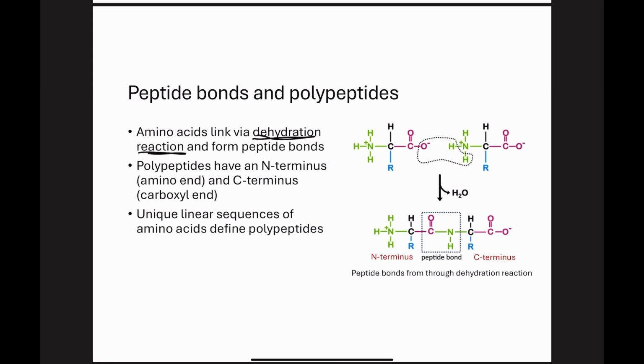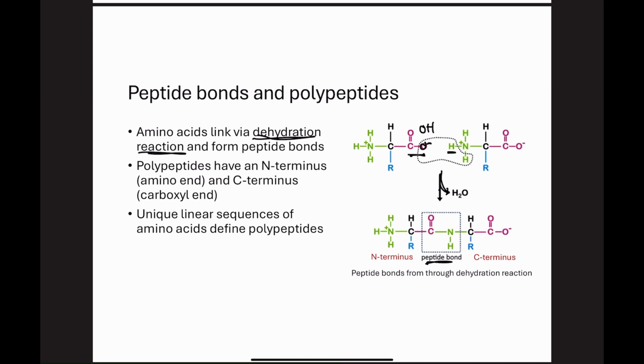The dehydration reaction is going to remove a hydroxyl group, also OH, from the carboxyl end of the amino acid, and it's going to remove a hydrogen atom from the amino group of another amino acid. And this removal is going to cause water to be lost, and it's going to form our peptide bond.